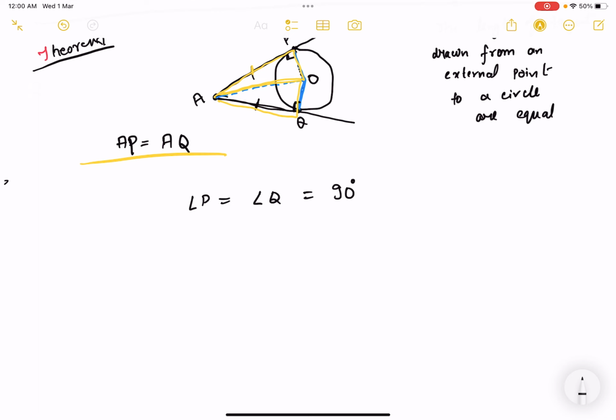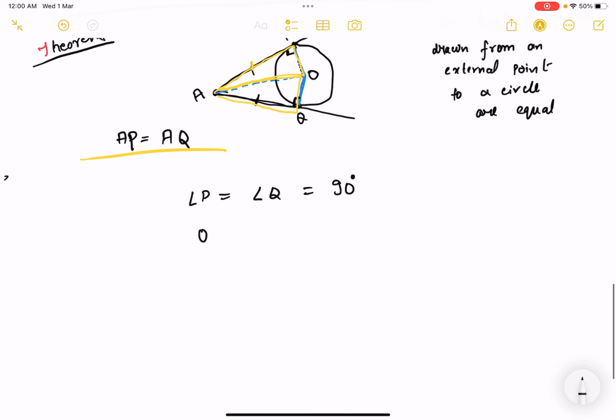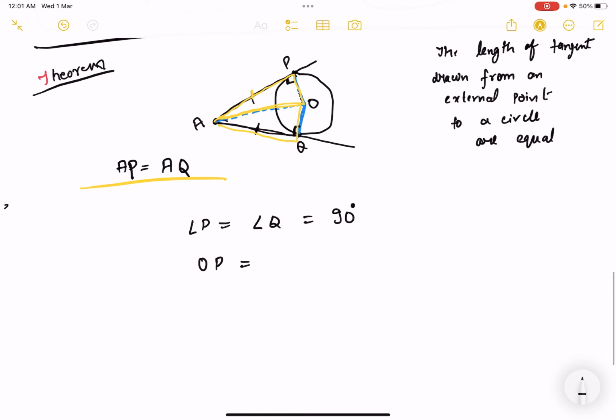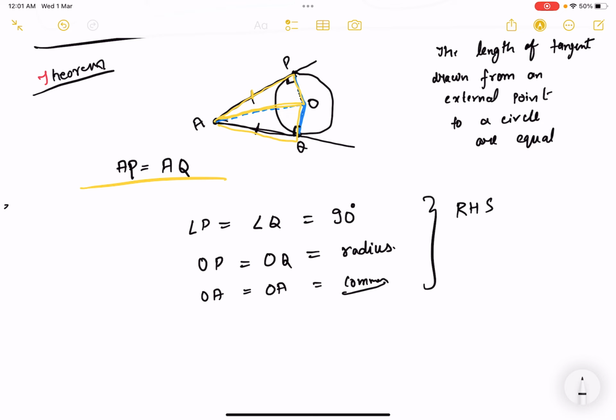Okay, and then we have OP is equal to OQ, because both are radii, so they will be equal. And the side OA is equal to OA, as this is common. So by RHS congruency criteria, these two triangles will be congruent.